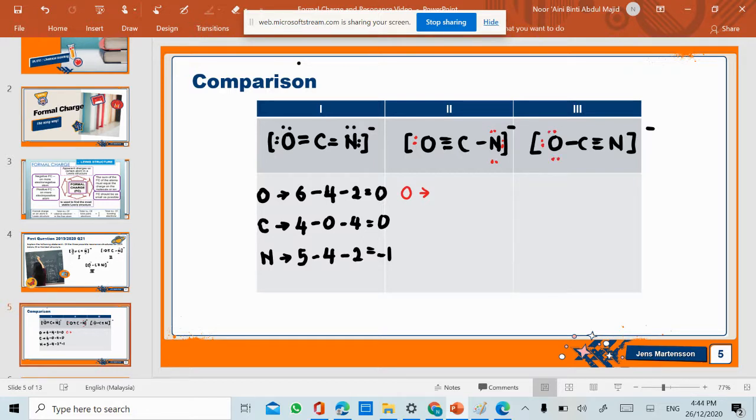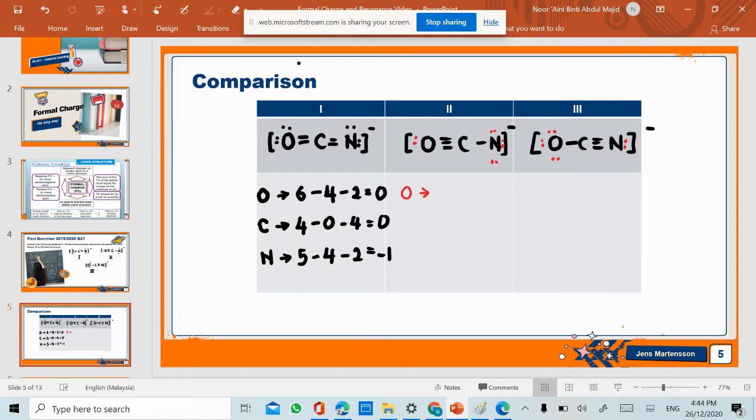If you're wondering how do you know how many lone pairs we have, we just complete the octet. That's it. Then what we have here, 1, 2, 3. All right. So we have 4 pairs of electrons.